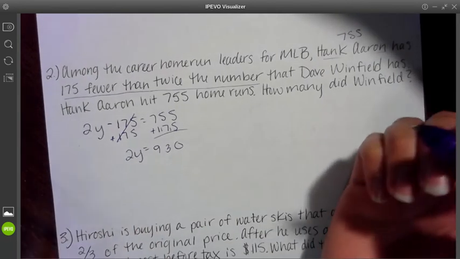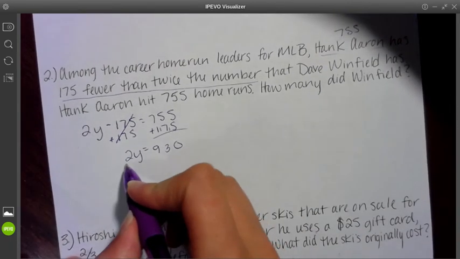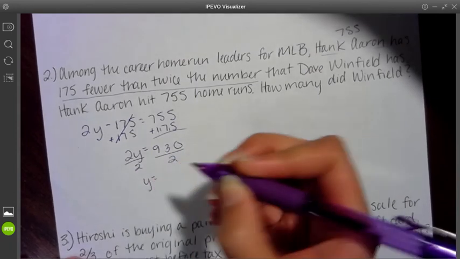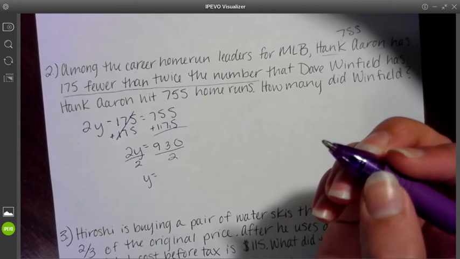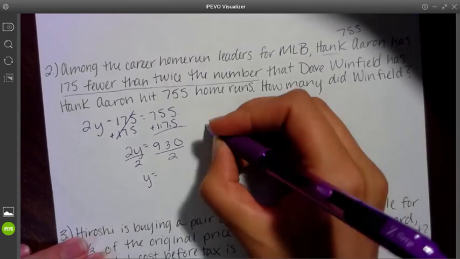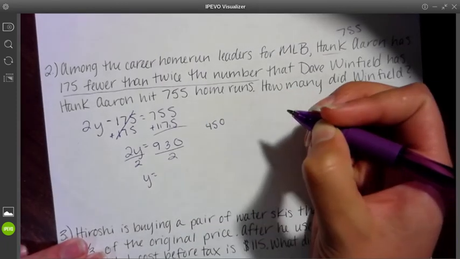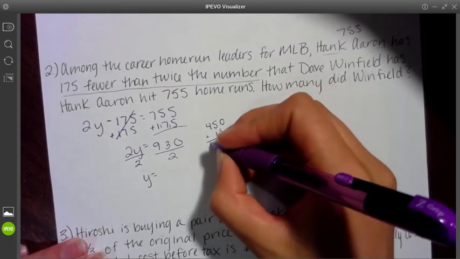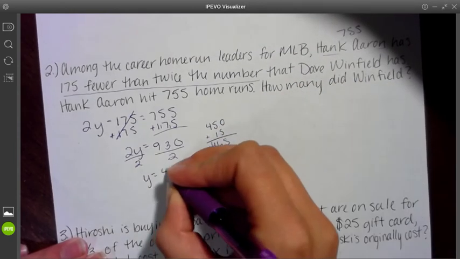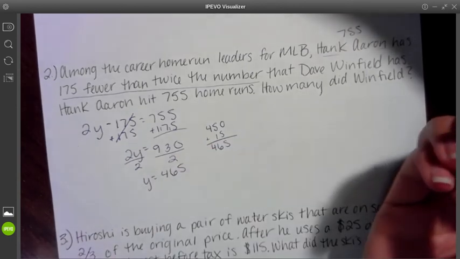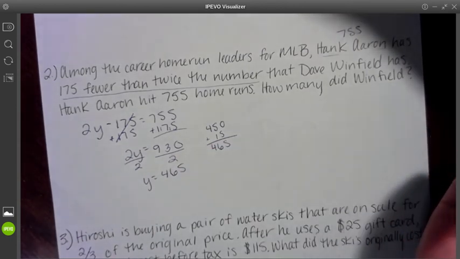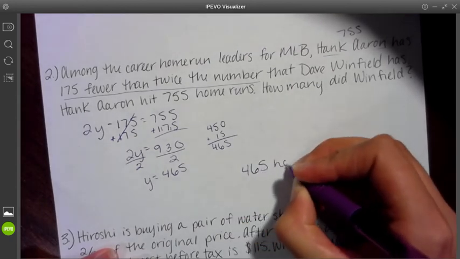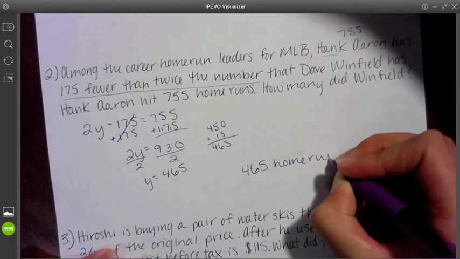Still gotta get y by itself, multiplying by 2, so I'm going to divide by 2 on both sides, and I get y equals, let's see, half of 900 is 450, half of 30 is 15, so half of 930 is 465. So y is 465. So how many did Winfield have? 465 home runs.